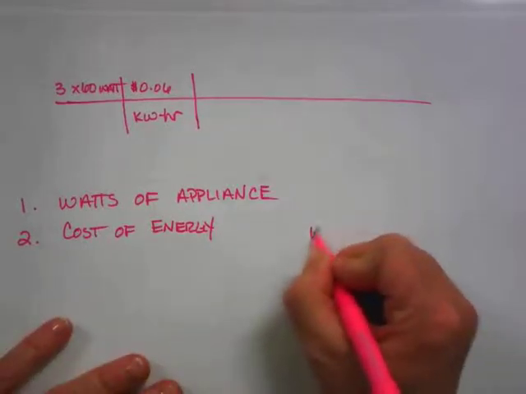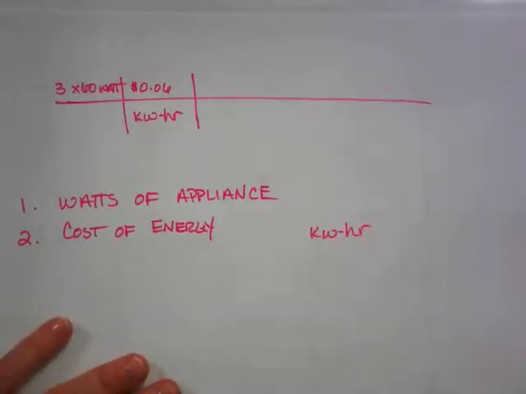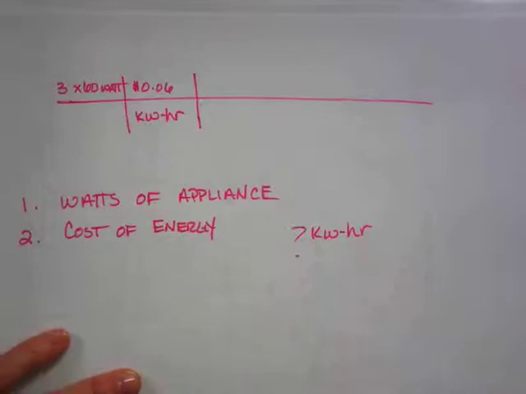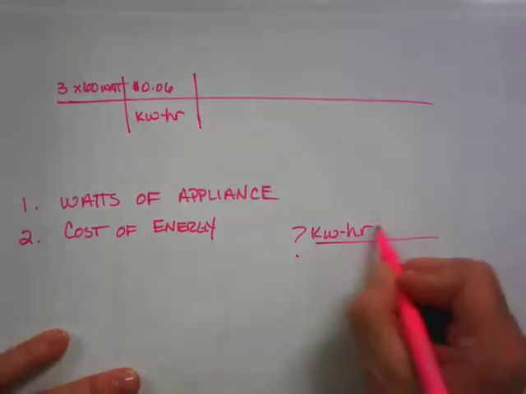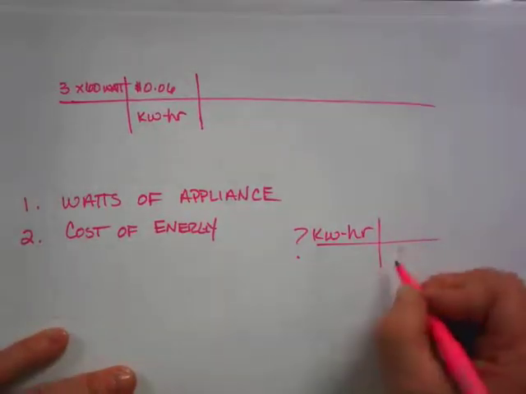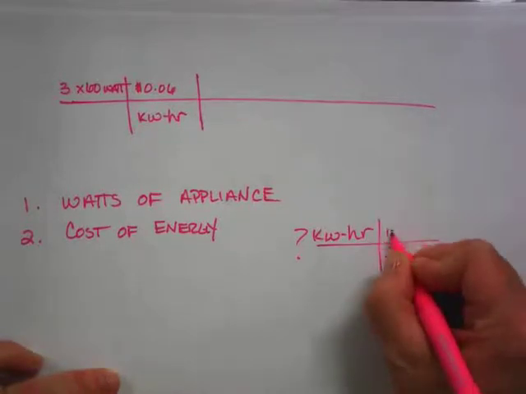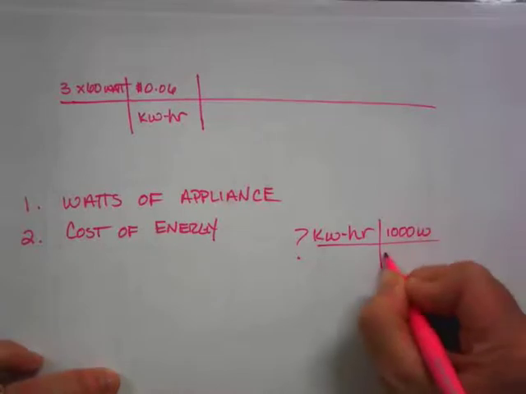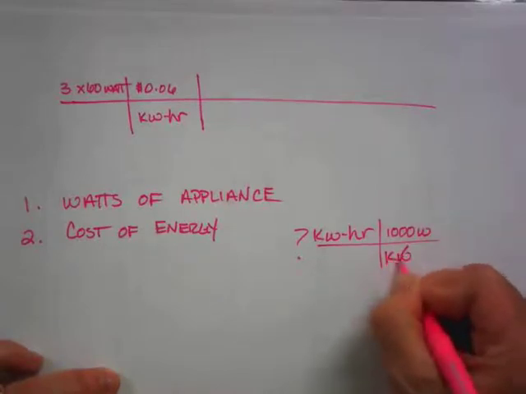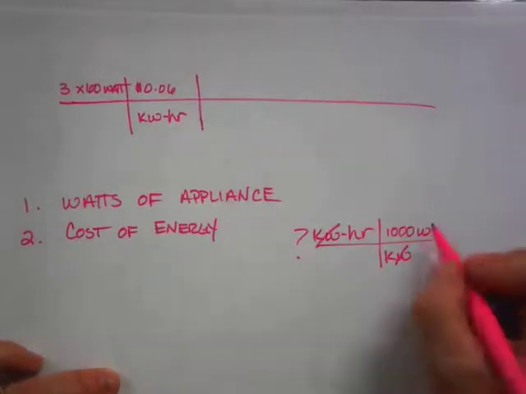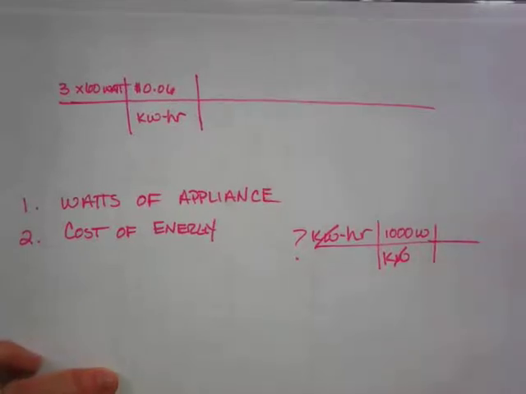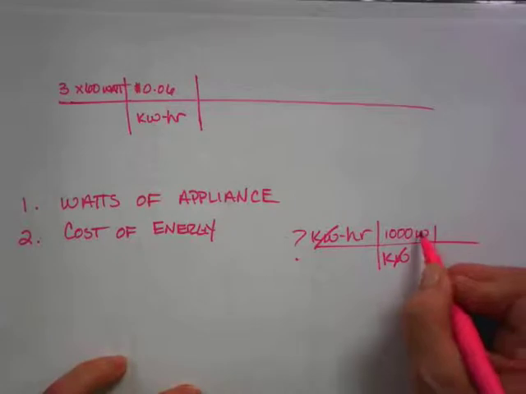Now, as a little aside, what's a kilowatt hour? Okay, let's do it like this. 1,000 watts in a kilowatt. And a watt is the same thing as a joule per second.